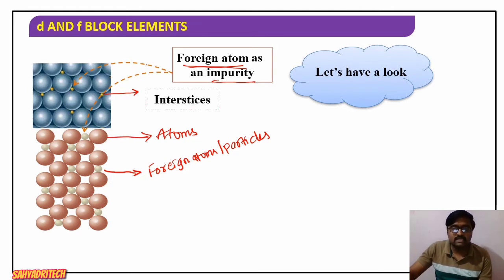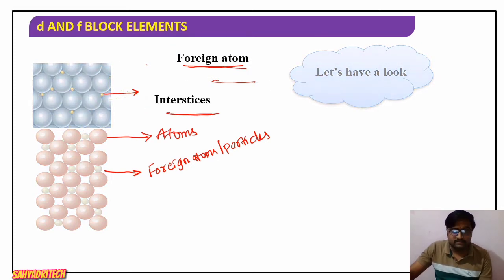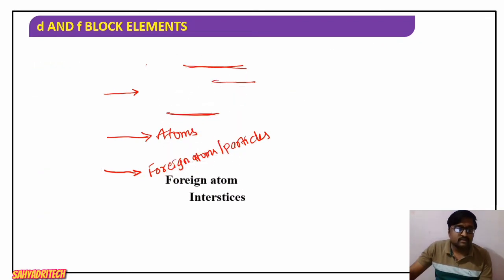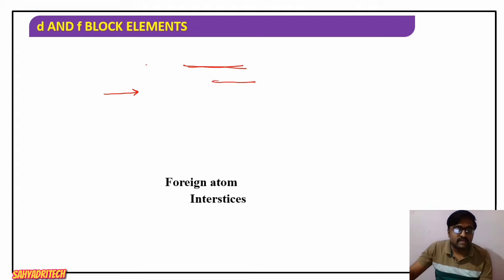In such a case, that substance is treated as impure. Where are they present? They are present at the interstices. The empty space is called interstices. Those foreign atoms, smaller particles, are trapped at the interstices.